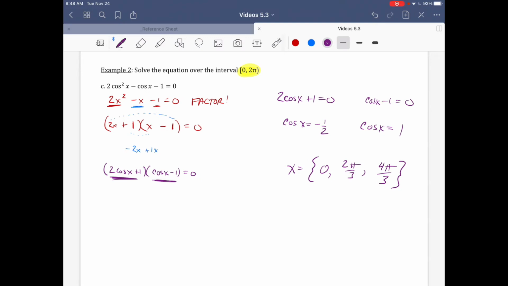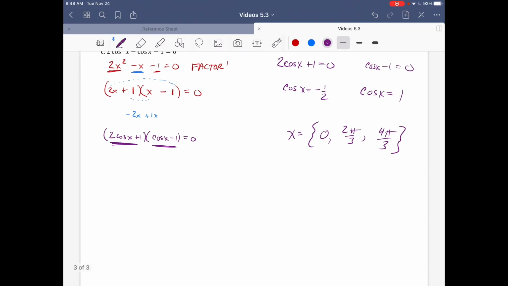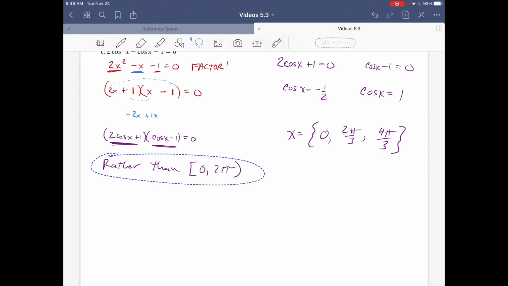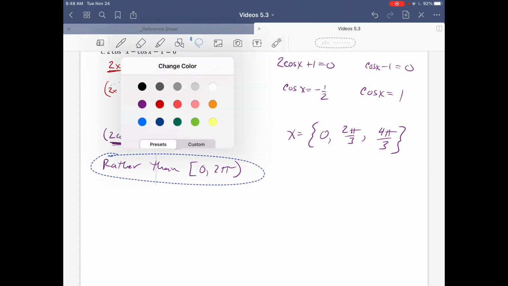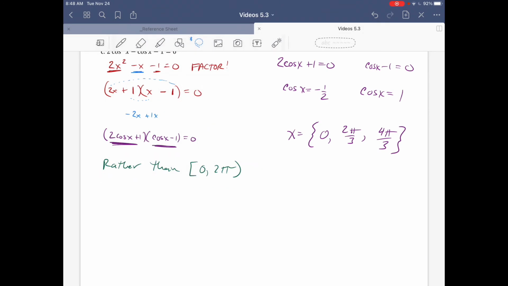But since we're here and since I have a captive audience here, what happens if we extend this rather than 0 to 2 pi? Let's do the interval -infinity to +infinity.